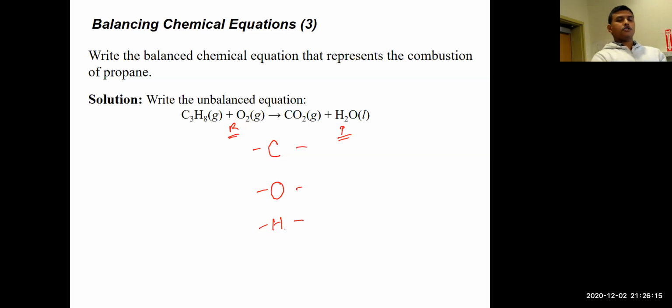So what I want you to do initially is just identify how many of each one of these atoms are present in the given chemical reaction before you balance. And carbons, I see 3 carbons here, so I'm just going to write 3 here. And on the product side, I see 1 carbon, so I'm going to write 1 there.